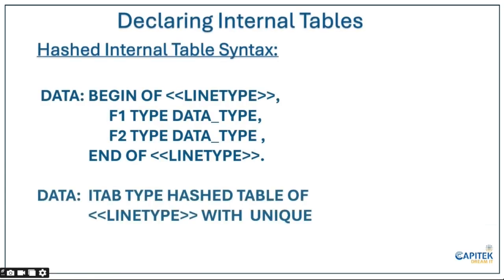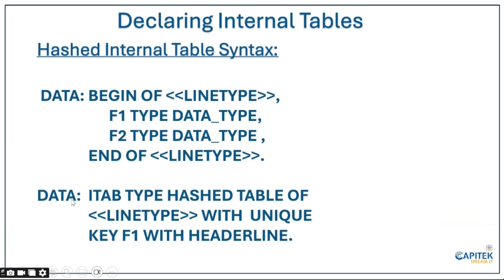Next, we'll look into the hashed internal table. Again the same thing. You can see here the structure. How do we declare? Begin of line type, field 1 type data type, field 2 type data type, end of line type.